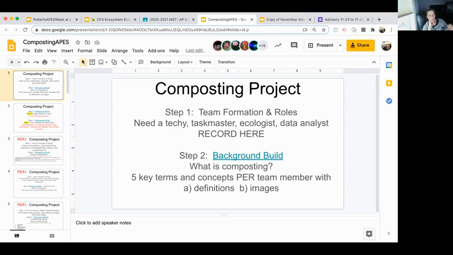So the idea here is all of you agreeing on a design that obviously will have to be modified and changed because that always happens, but that you'll decide as a team then to change one thing about it between each of you. So whether that's moisture levels or the temperature or how much brown versus green or whatever you're putting in it, or are you going to do hot composting or red worms, but so that each one of you will change it just slightly, but everything else will remain the same, including the design and setup.